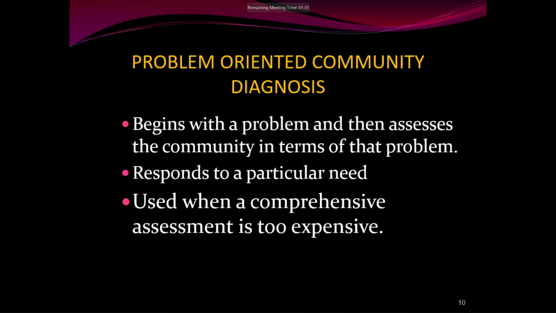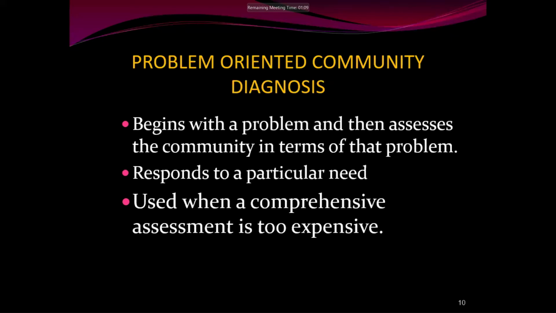Today, only this many types of community analysis: comprehensive community analysis and problem-oriented community analysis. Comprehensive community analysis includes all the sectors of health, all the elements of health, or all the determinants or dimensions of health. All these things we have to discuss in comprehensive community diagnosis.